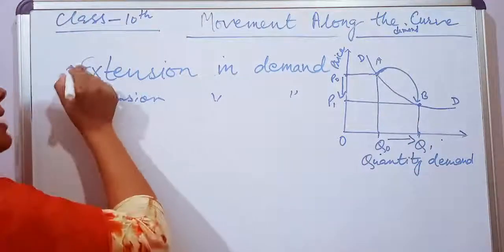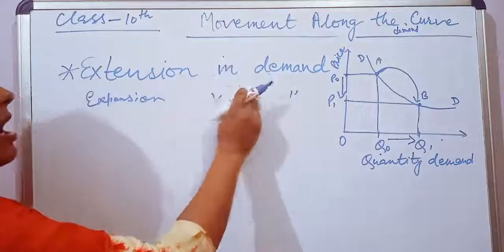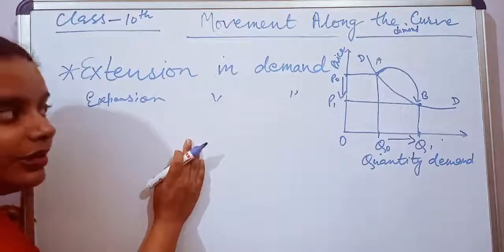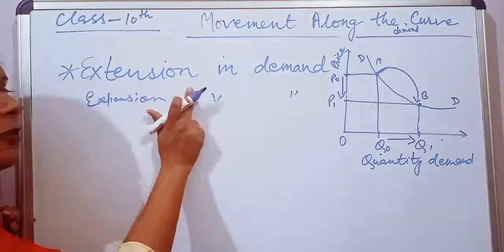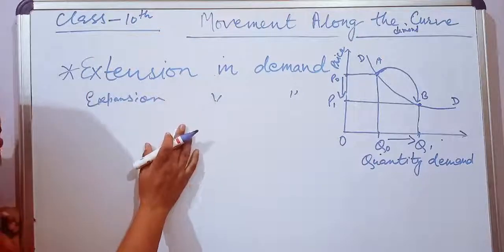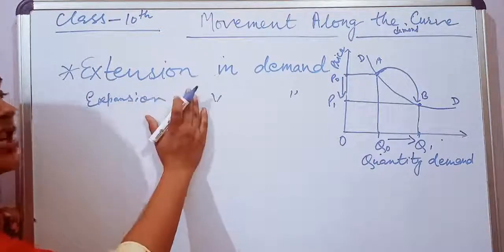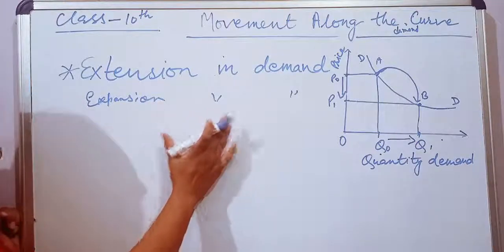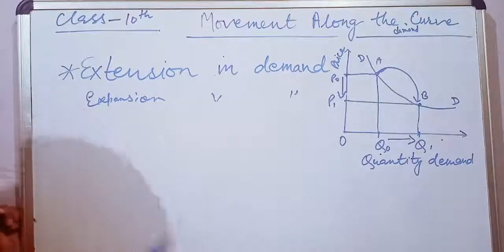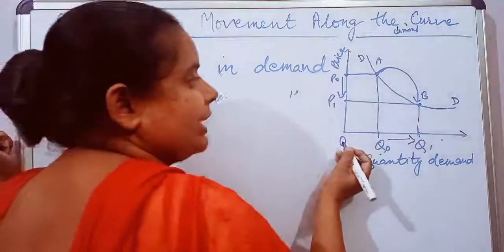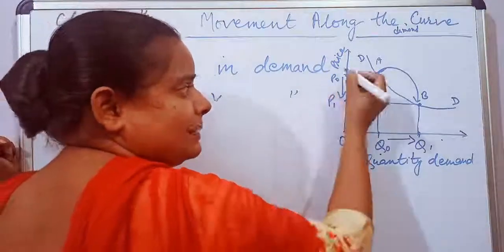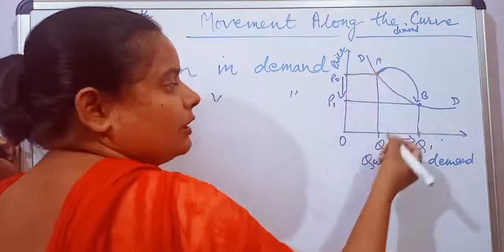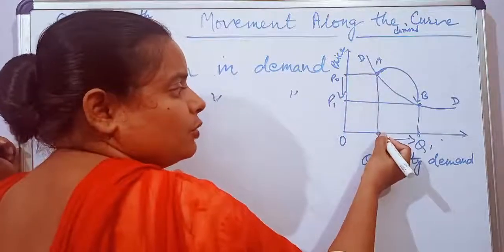Again I am repeating, extension in demand means when the price of a commodity changes, other factors remain unchanged, and due to the change in the price, the quantity demanded of the commodity also changes. For example, in this diagram you see, when the price is P0, the quantity demanded is Q0.